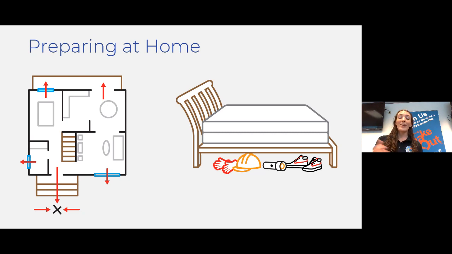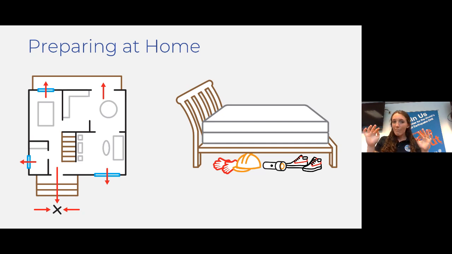Another really simple thing you can do, you could do this tonight, that would make you better prepared for a disaster, is to put a few supplies underneath your bed, underneath your kid's bed, any bed in the house. One of the greatest or the most number of injuries we see after an earthquake are cut feet, because especially if an earthquake happens at night, you'll be rolling out of bed after securing your head and neck with your pillow.